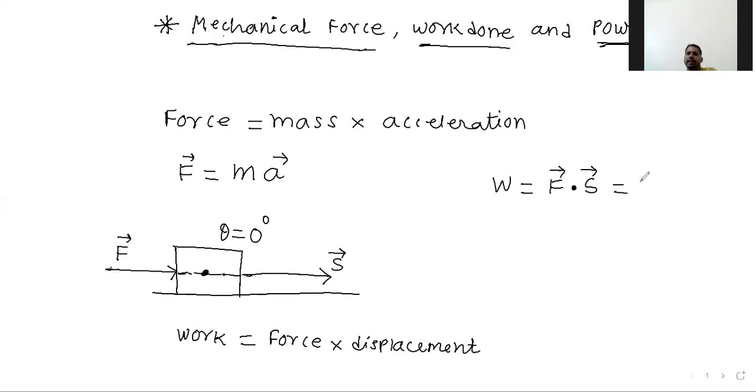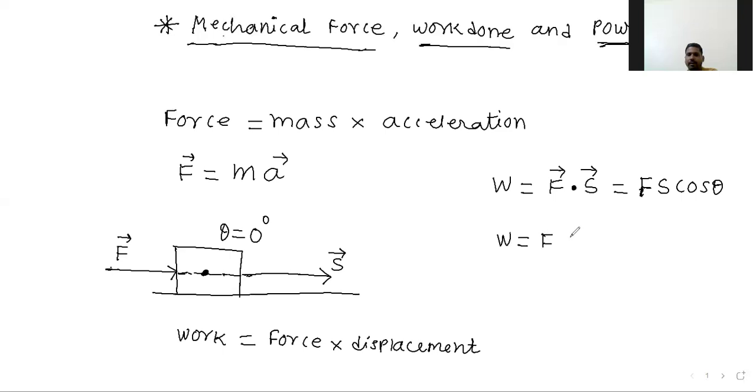Now we can write force F, displacement S and cosine angle theta in scalar form. So work is a scalar because it's a dot product or scalar product of two vectors. Now, according to this diagram, theta is 0 degree. So we can calculate the work done here.